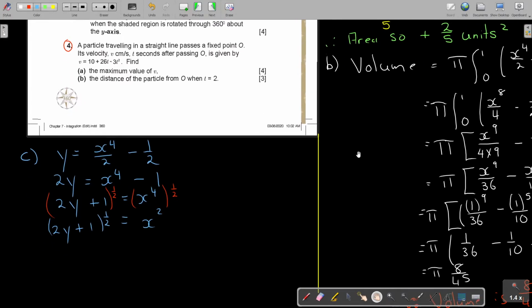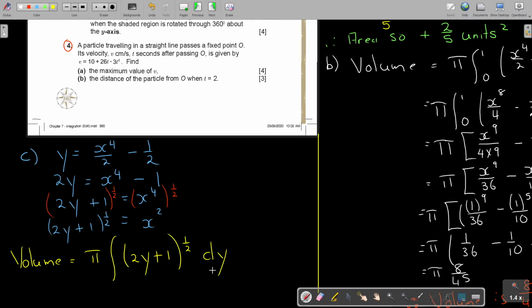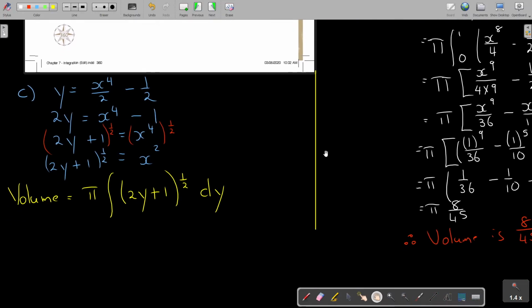So if I go now to volume, which I want to get, so volume around the y-axis, it's still pi, and now it's the formula squared, but it's already squared. Do you see? So it's that 2y plus 1, and it's just going to be that half, and it's now integrating with respect to y. I get pi.